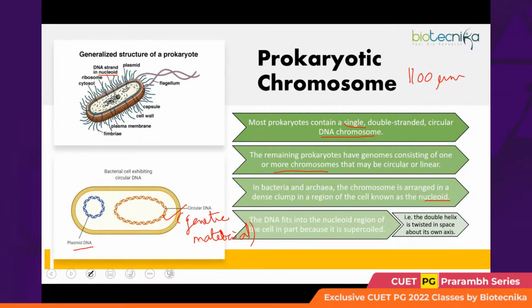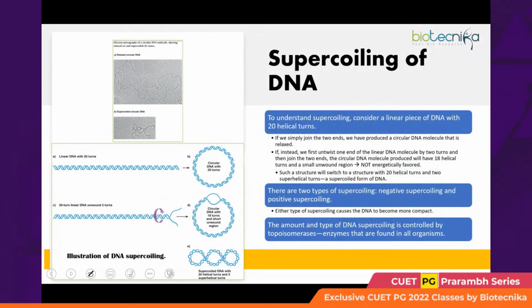So how much packaging it has to do. The DNA fits into the nucleoid region in part because it is supercoiled, that is, the double helix is twisted in space about its own axis, and that is what forms the supercoiled DNA.